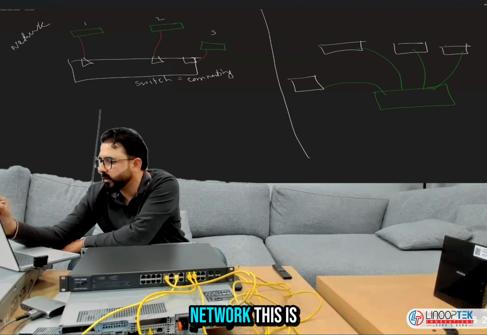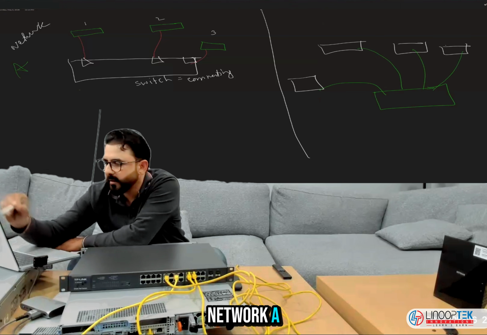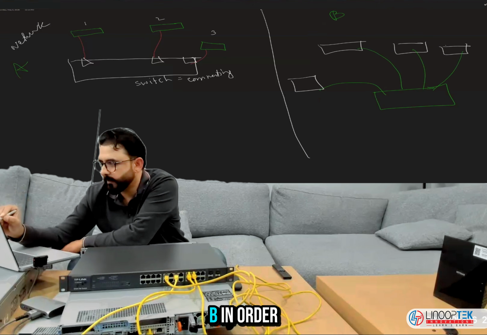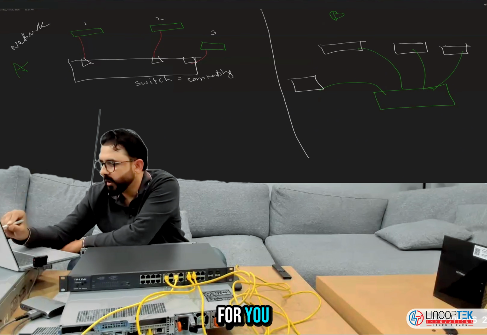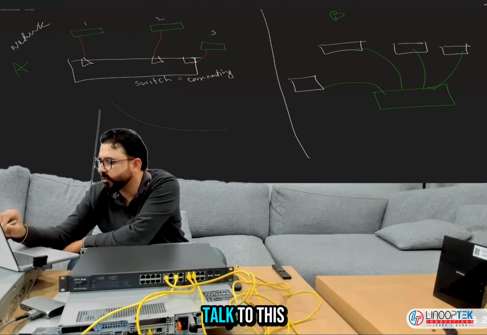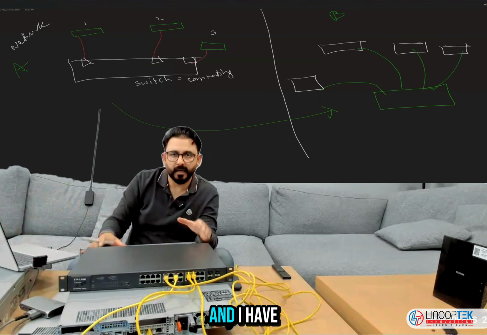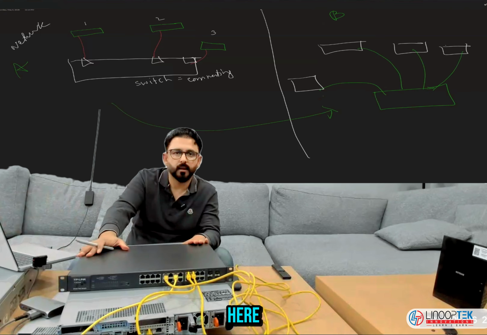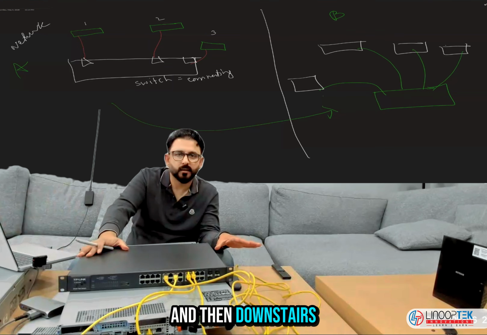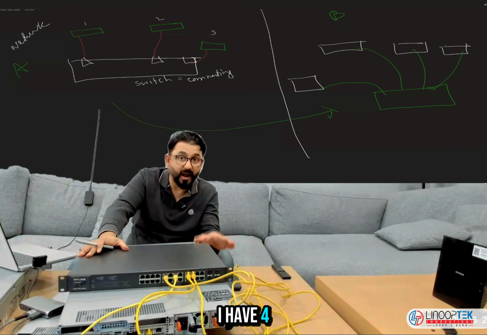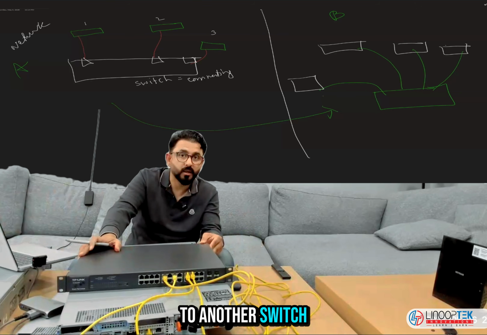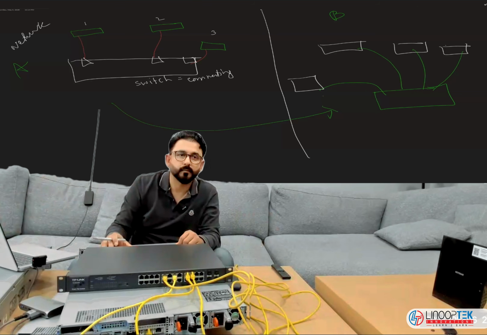This is your network. This is network A. This is network B. In order for you, can this network talk to this network? If I am in one building and I have my servers over here, and then downstairs I have 5 servers connected to another switch, can they talk to each other?